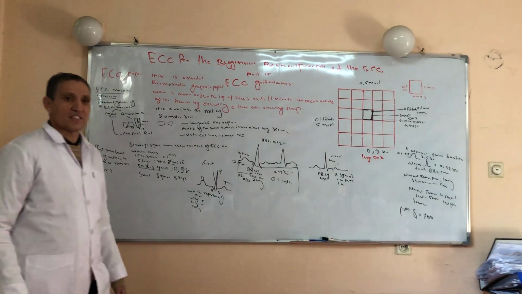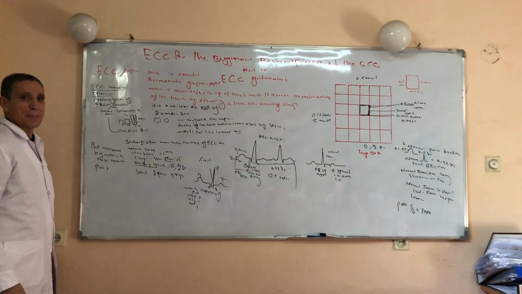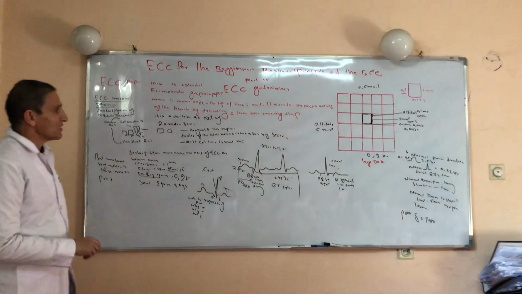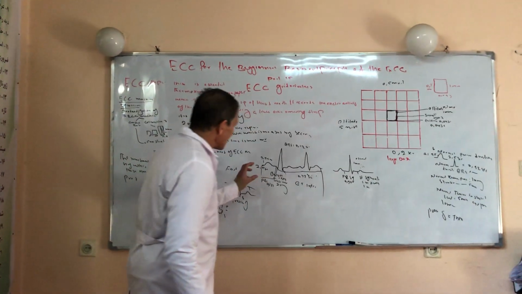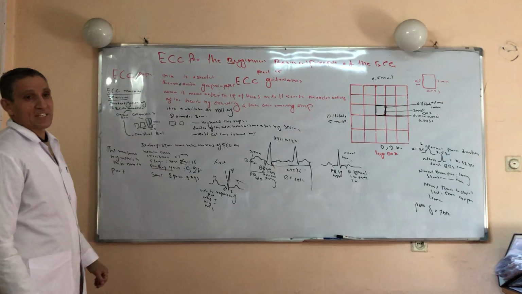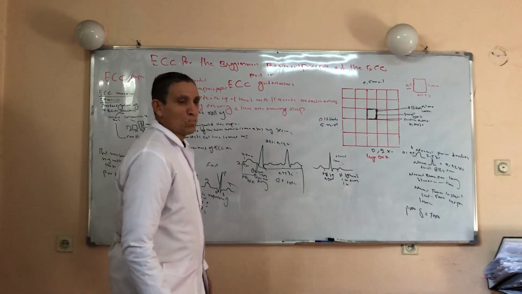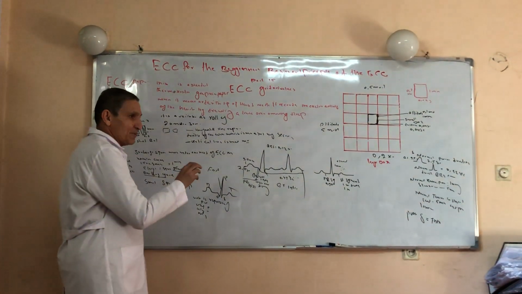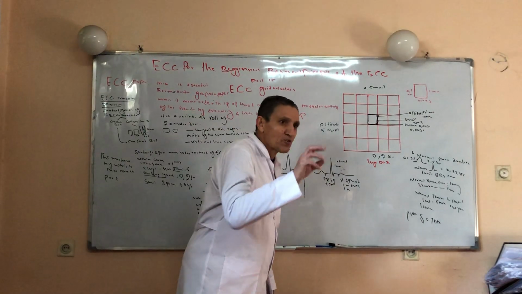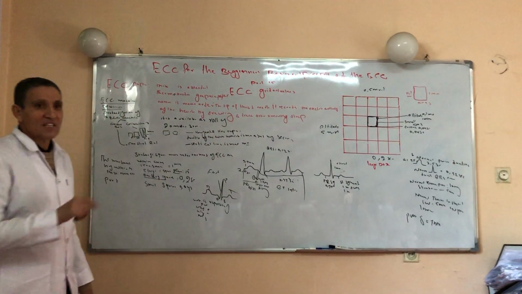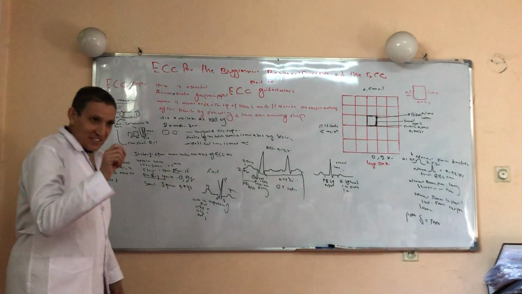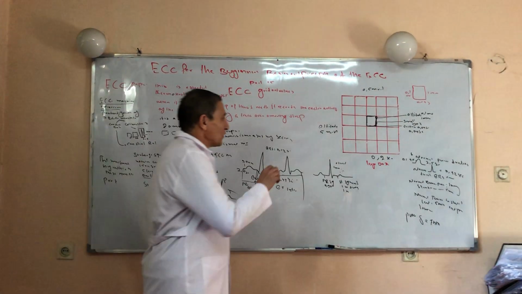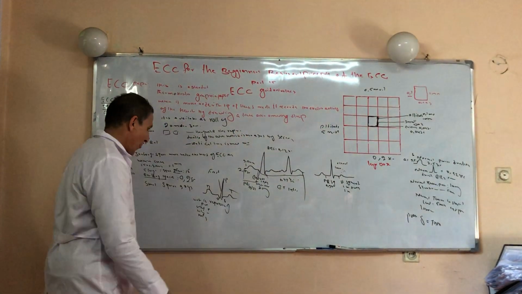One is constant rate. The second is calibration signal. What does it mean? Constant rate means that 300 large squares of the ECG paper move under the needle of the ECG machine in 60 seconds.